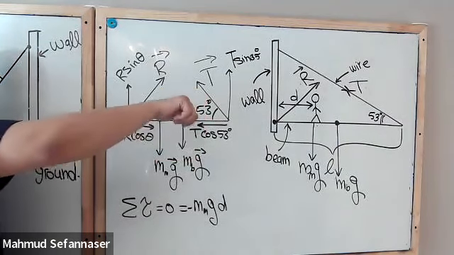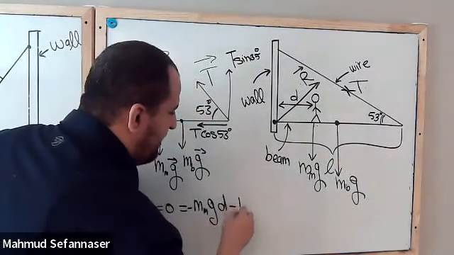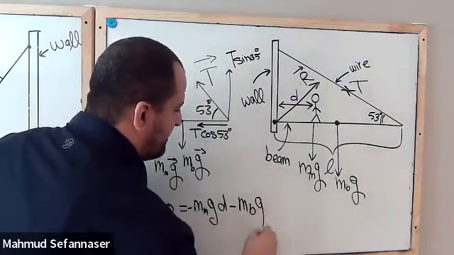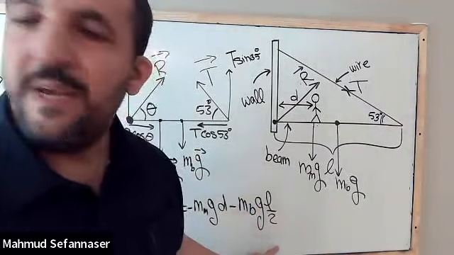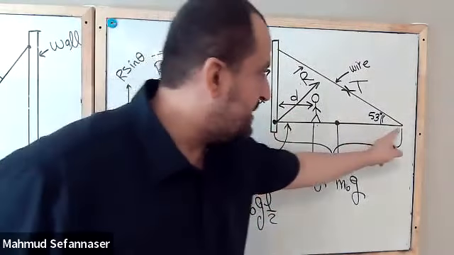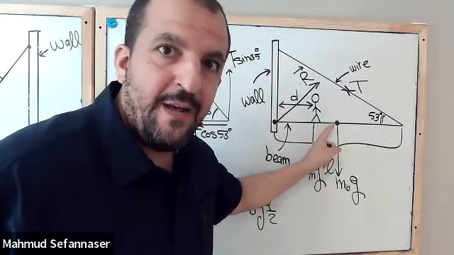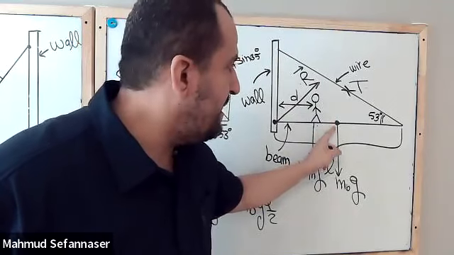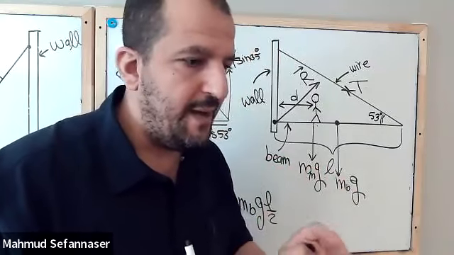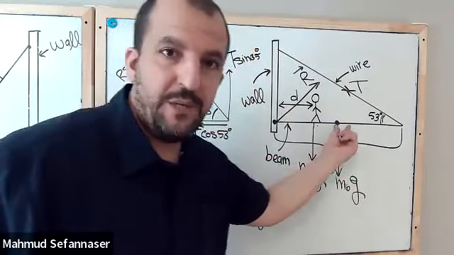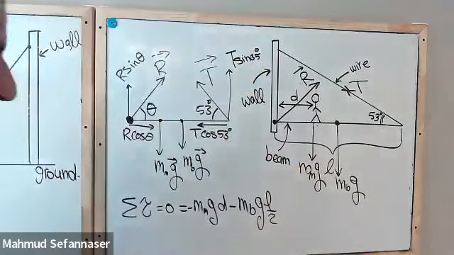So the torque is going toward the whiteboard, and we will have another negative sign here: mass of the beam times gravity times L/2. What is L/2? L/2, guys, is the length of this beam divided by 2, because we are considering the center of mass of the beam as a point representing concentrated mass. So the mass is concentrated right here at the center of this beam.